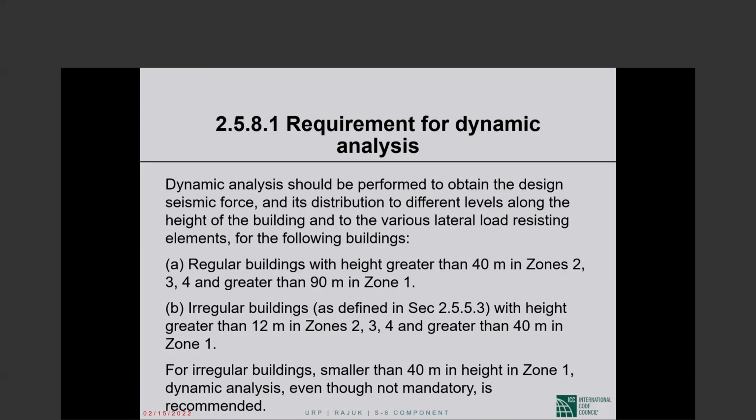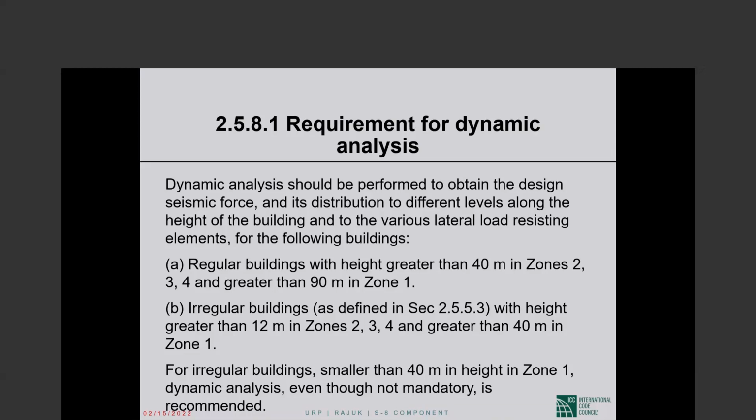Okay, so even when your building is regular, if you go beyond 40 meters of height in zones 2, 3, and 4, or beyond 90 meters of height in zone 1, you shall do dynamic analysis as the basis of design.